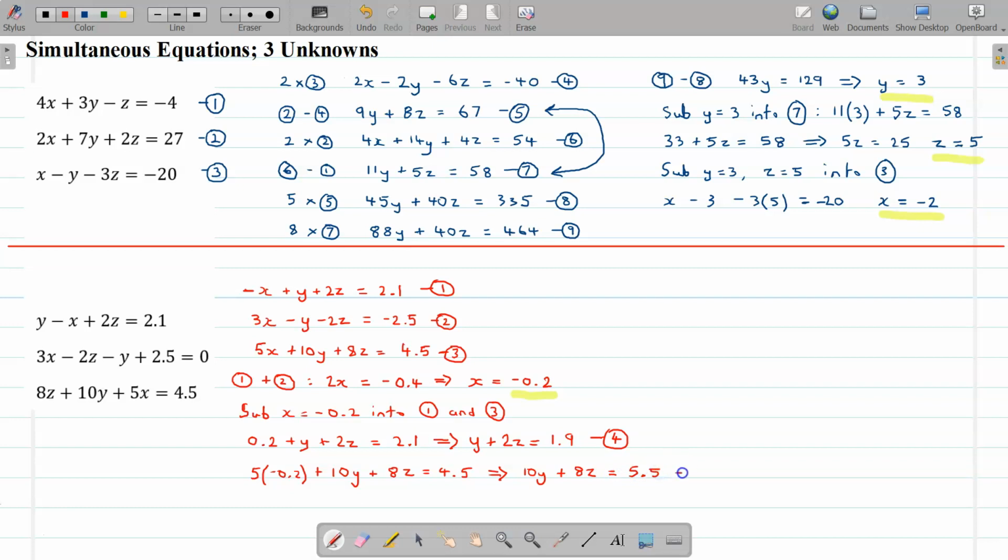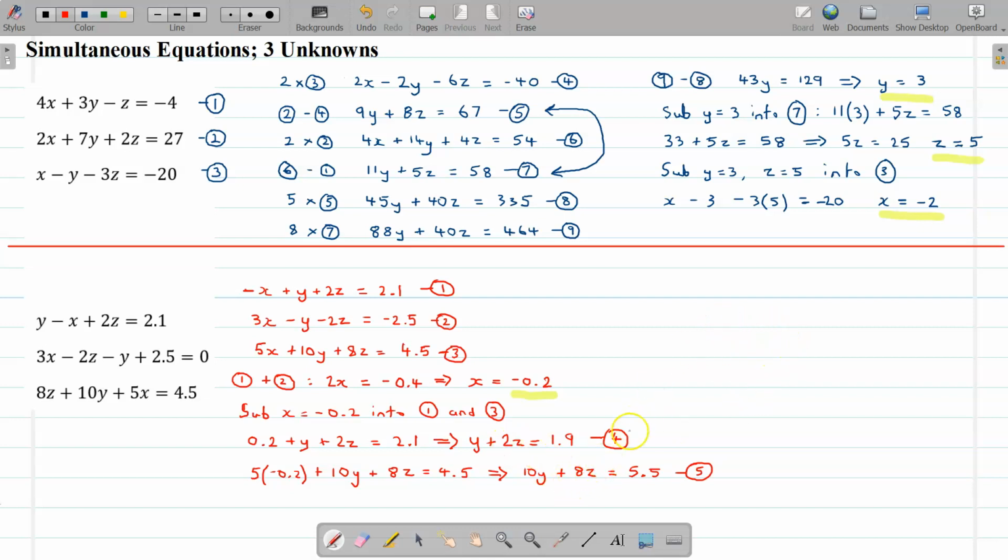So now you see I have two equations containing two unknowns, y and z. These two here, which I've called 4 and 5. Notice that equation 5 has a z coefficient of 8, whereas equation 4 has a z coefficient of 2. So if I made equation 4 four times bigger, then it would also contain 8z, and I could eliminate z.